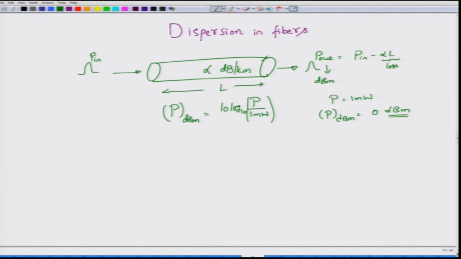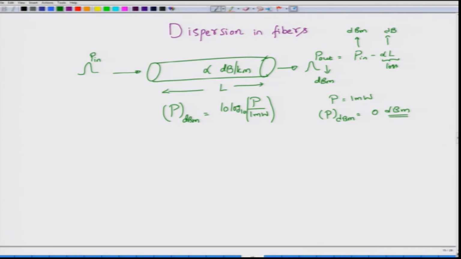So, the quantity alpha L will be in units of dB, whereas P in will be in units of dBm, and one can take into account the gain of a system by adding the gain in decibels to the power expressed on the dBm scale.